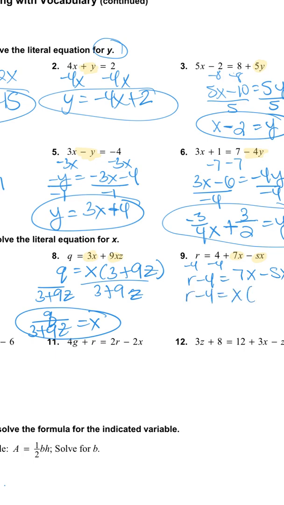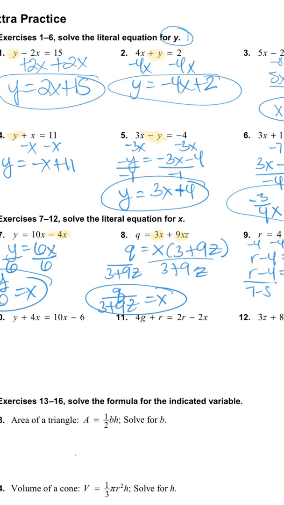So x times 7 minus s, and then we're going to divide by 7 minus s. So we're going to have r minus 4 divided by 7 minus s equals x.